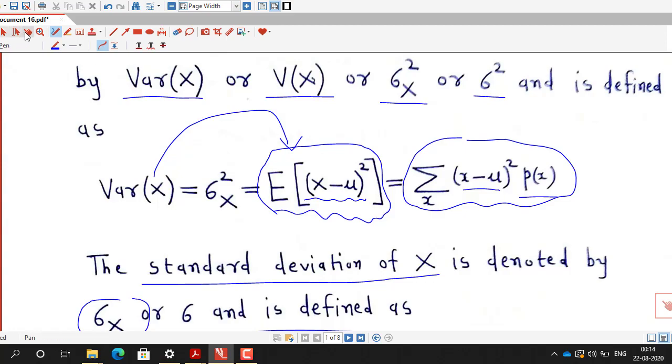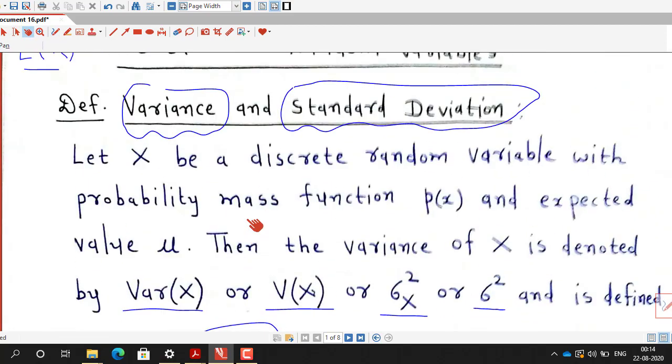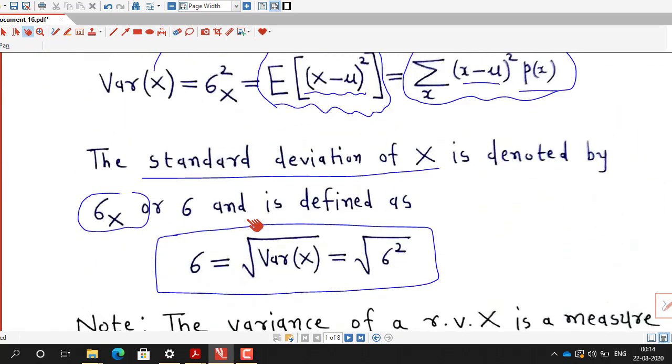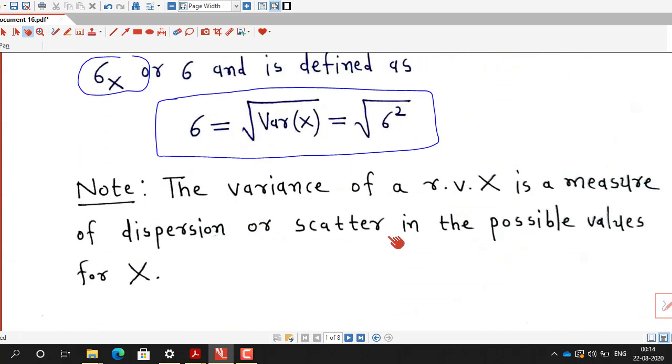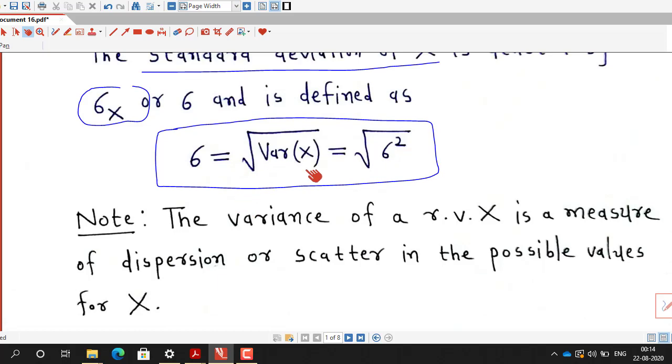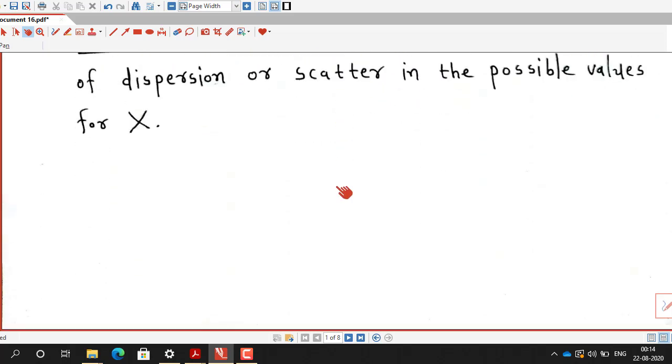Now the variance of a random variable X is a measure of dispersion or scatter in the possible values for capital X. If we have probability distribution, then the scatteredness of that probability distribution can be measured by variance or standard deviation.